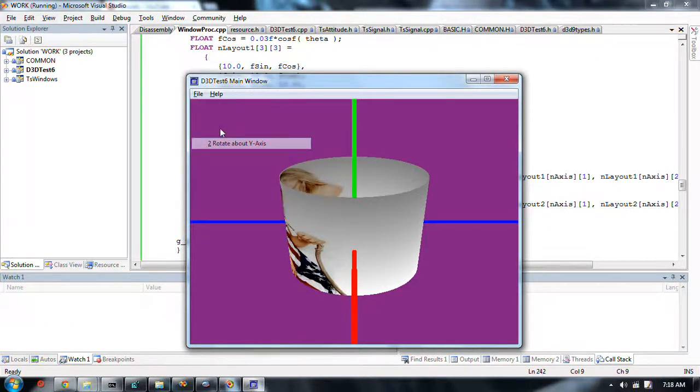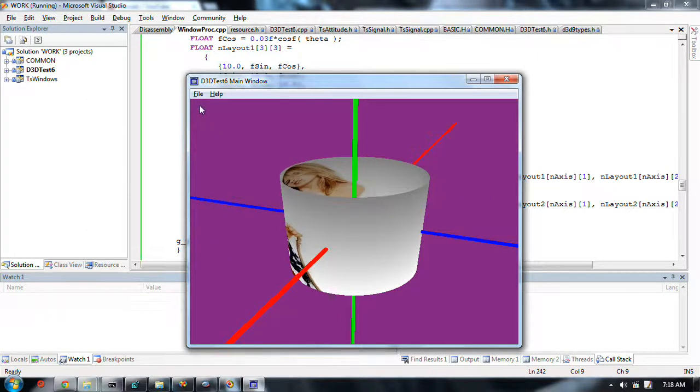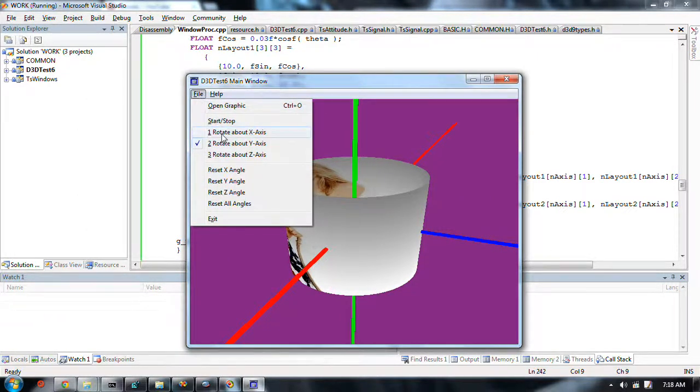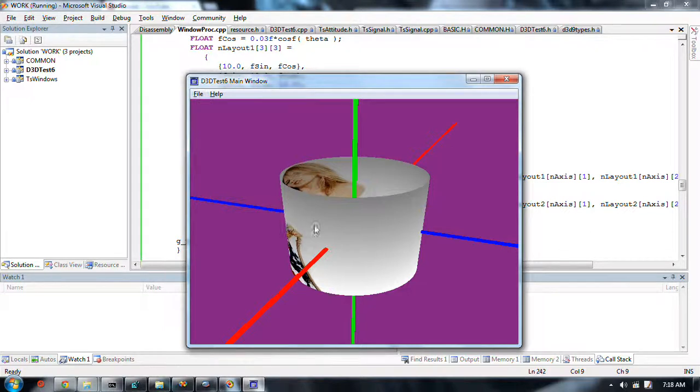So I want to do a rotation about Y slightly, and then I'm going to rotate. Now the Y-axis is still pointing the same way it was, right? But now I want to introduce a rotation about this axis. So it's going to continue. Our view is going to be so that there's a rotation about this axis and this axis.